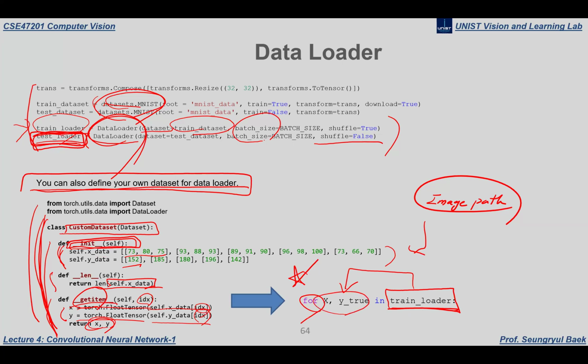For each iteration of the loop, you will get new X and Y samples from the data loader. So this is another benefit. It is very easy to use, right?